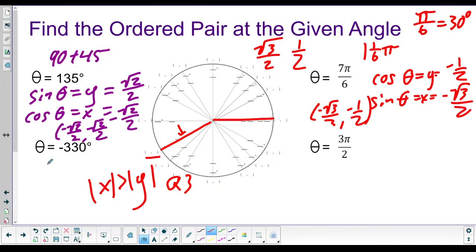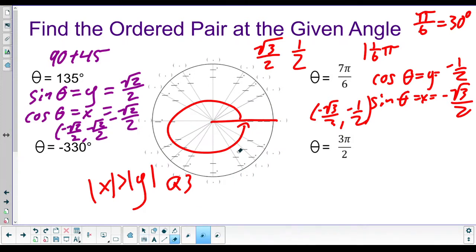Okay. If theta equals negative 330, we know that 360 would be a full spin. This is 30 less than that. So we would back up to the first line. However, this is negative.